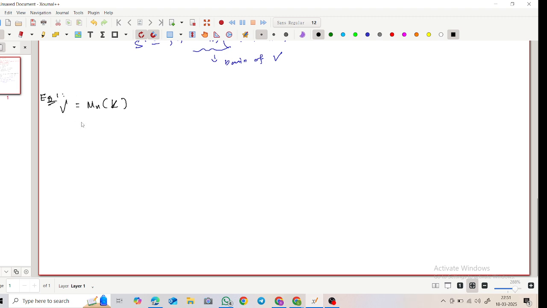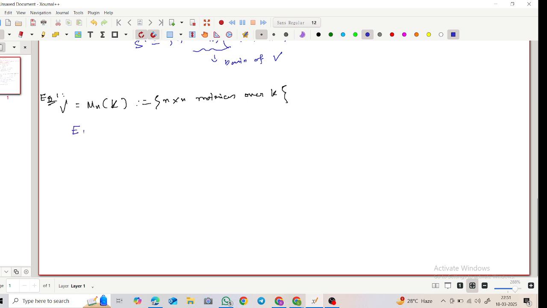Can anybody tell me what is the dimension of this thing? This is n cross n matrices over K. Can anyone tell me what is the cardinality? I mean, what is the basis of this?